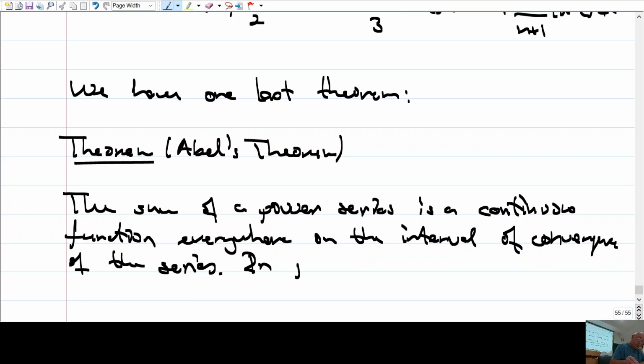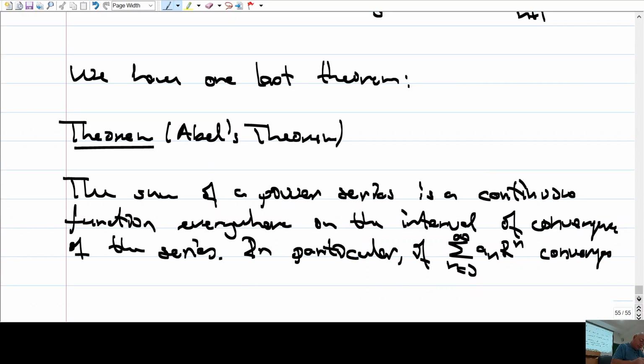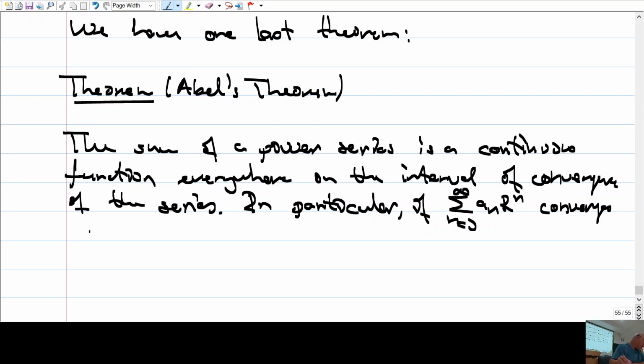In particular, if, let's say, the sum of an r to the power n converges for some r, then this function is continuous at r.